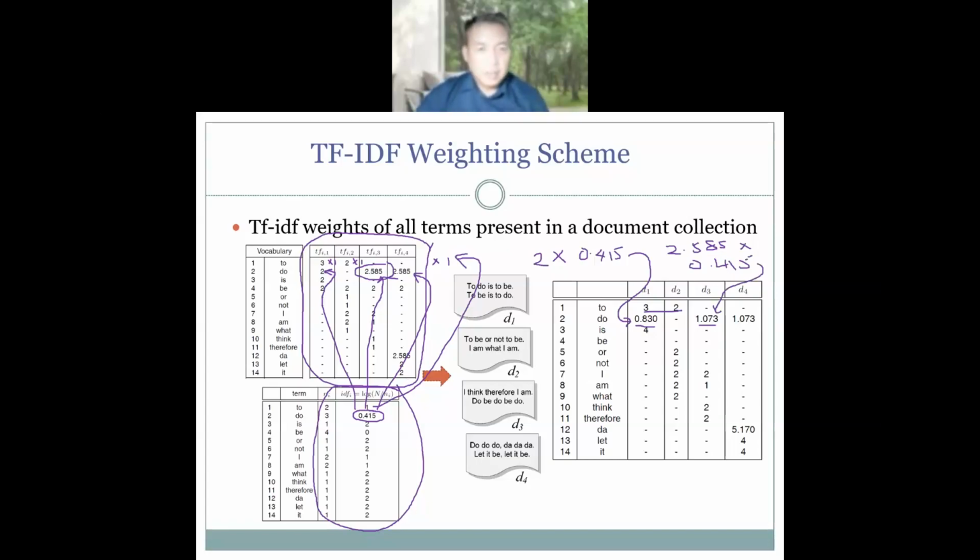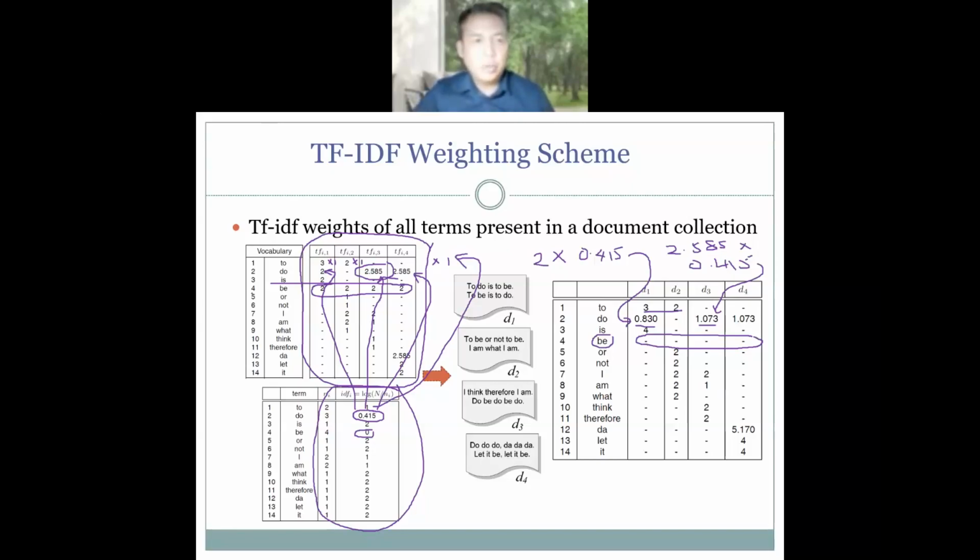Okay? One thing you need to notice is what happened to this: all of them will be multiplied with 0, so we have cancelled this one out, because since b exists in all of the documents, now we have them cancel out, so no more weightage there.